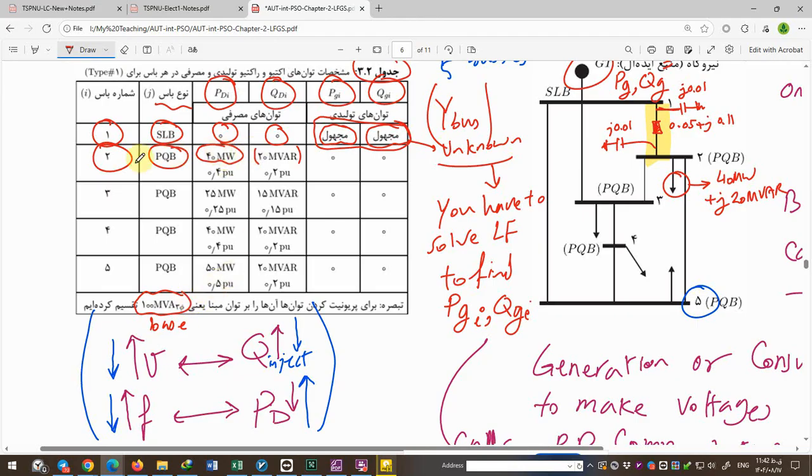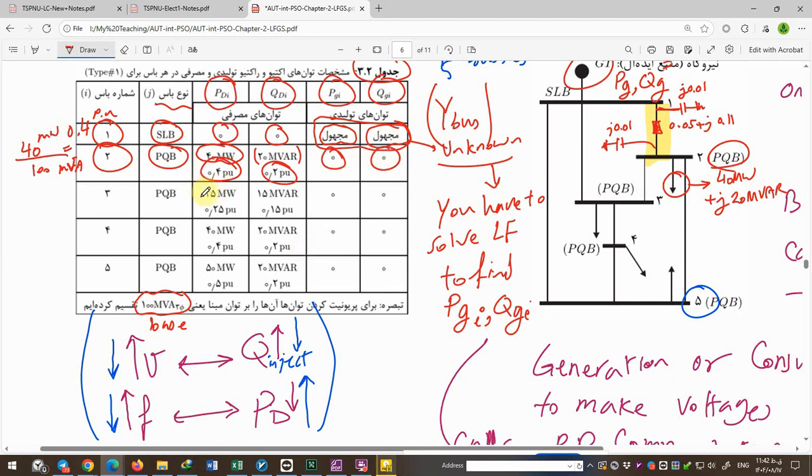When you divide 40 megawatt by 100 megavolt ampere, the result is 0.4 per unit, and you can see it here. Since bus number 2 is a PQ bus without any generation, the generation part is 0.